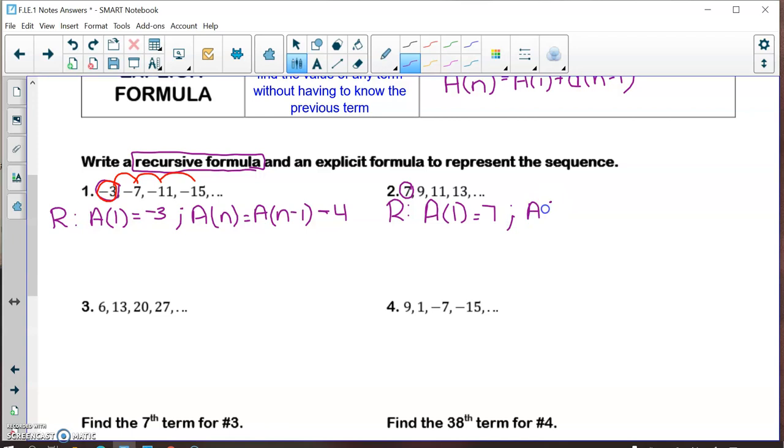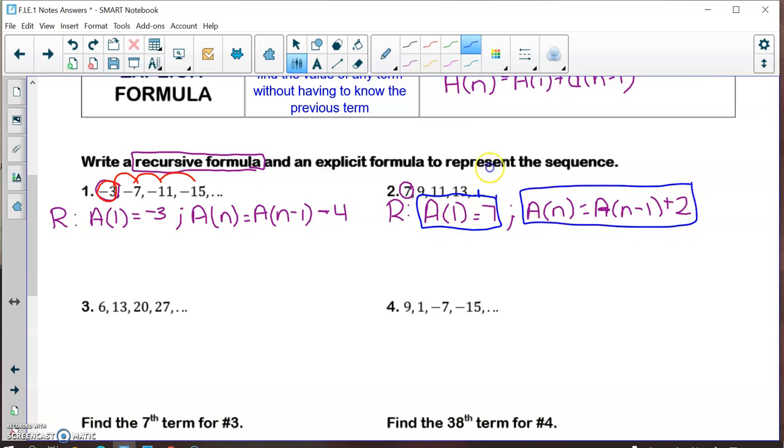Then we write a of n is equal to a of n minus 1, and then we add our common difference, which in this case is 2. So I'm going to add 2. And that's it. You leave the formula like that. Sometimes you might see the formula where these two things are switched around, and that's completely okay too.